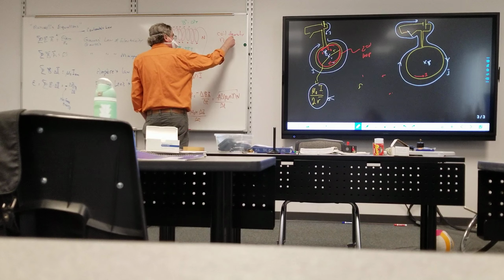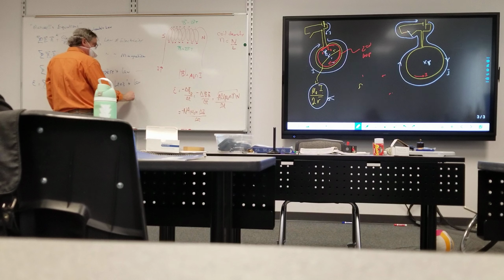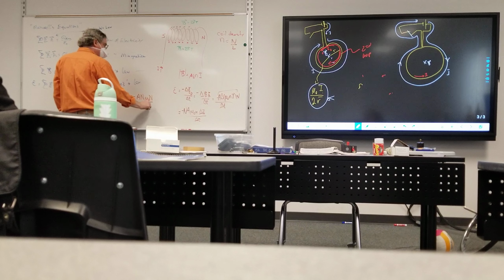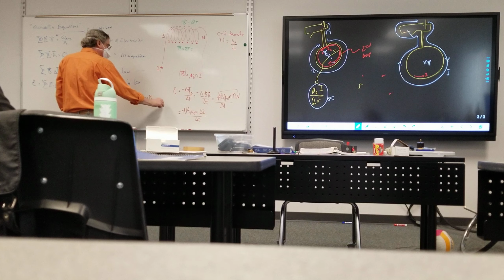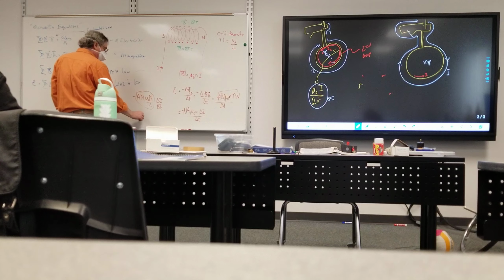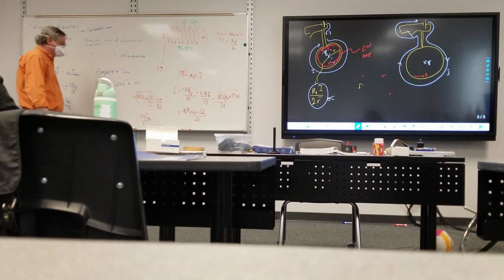Since little n is big N over the length of the coils, we get negative A mu naught N over L, delta I over delta T. And this would simplify slightly into A N squared mu naught over L. So the difference is mu naught comes first and A goes last.